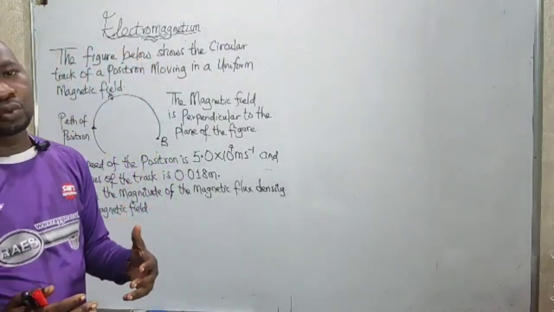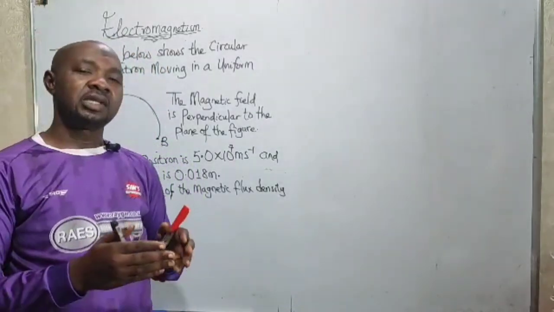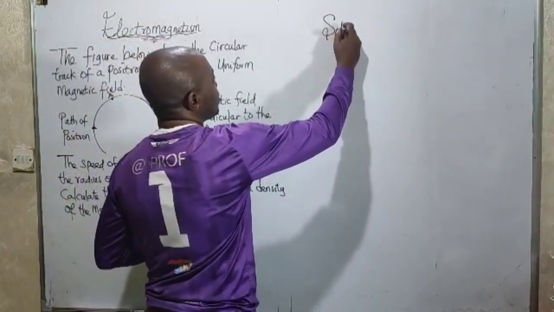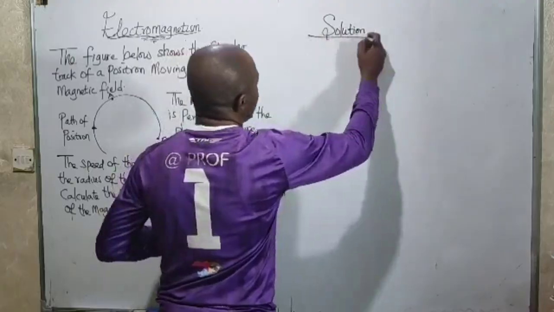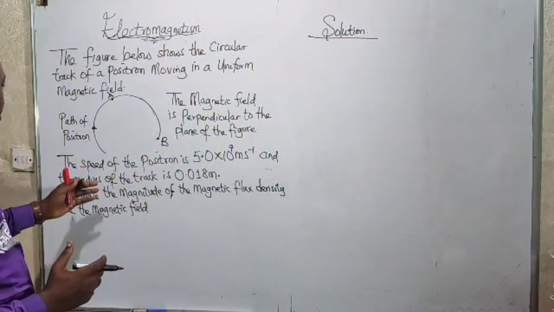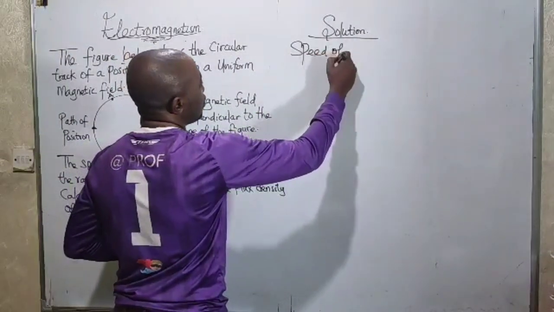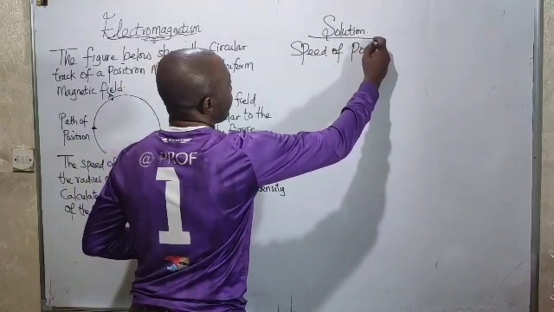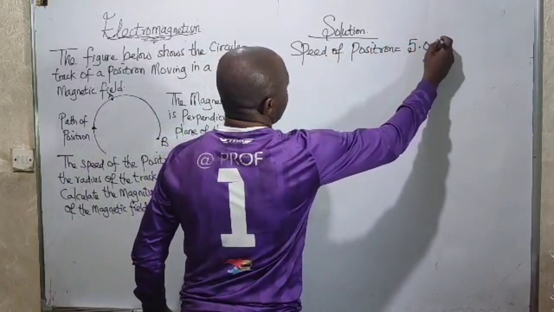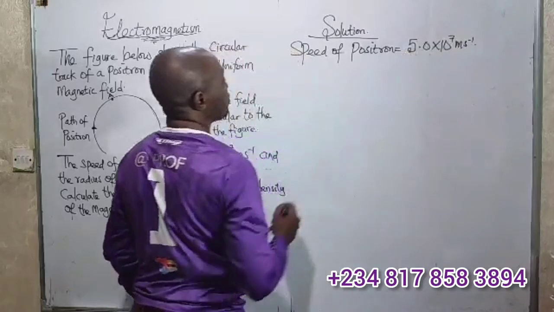Now, to calculate the magnitude of the magnetic flux density, we need to first identify the given values. We are given the speed of the positron, which is 5.0 multiplied by 10 raised to the power of 7 meters per second.